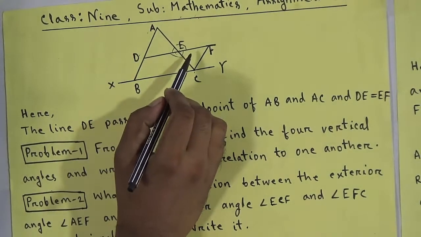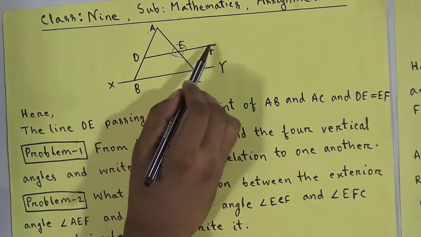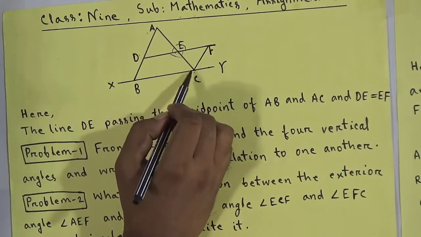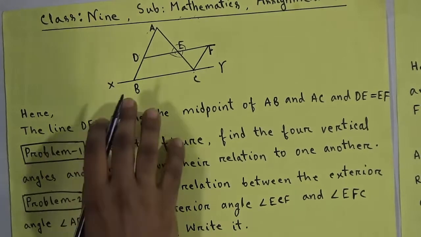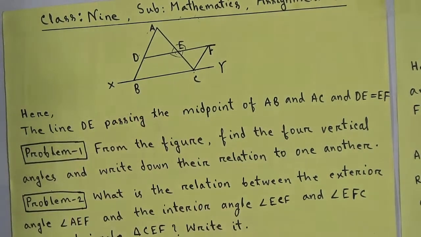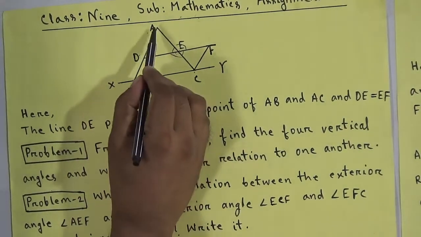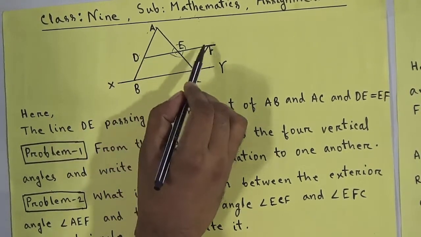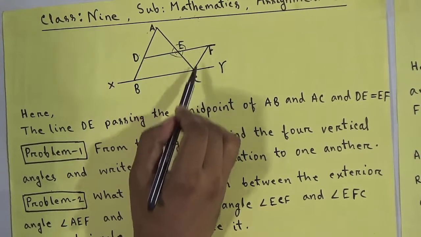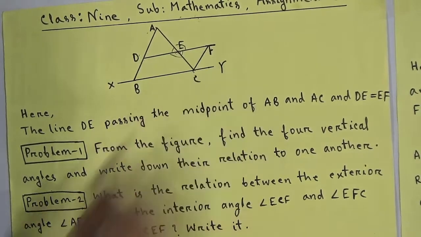This triangle's two interior angles are EFC and ECF. We have to establish a relationship between these three angles. That means a relationship of the exterior angle AEF with the two interior angles EFC and ECF.